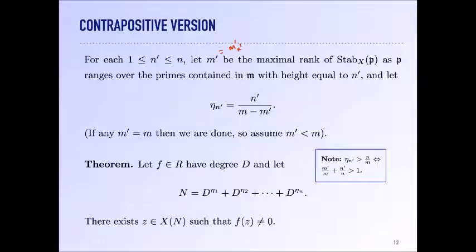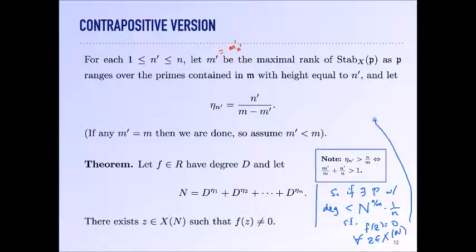So this is the contrapositive version, right? Because what we said was, suppose there exists a polynomial of degree less than n to the n over m times 1 over n, such that f of z equals 0 for all z in X of n.